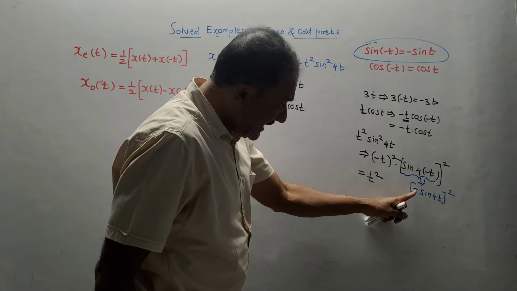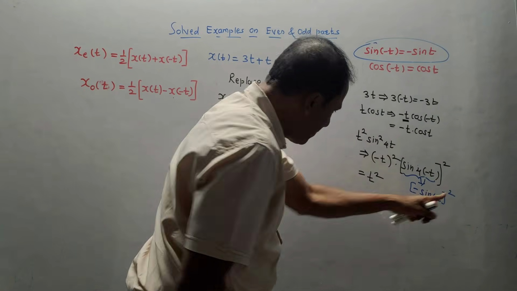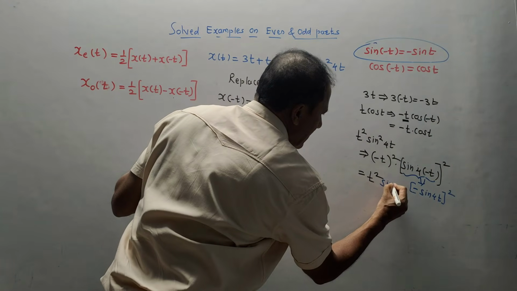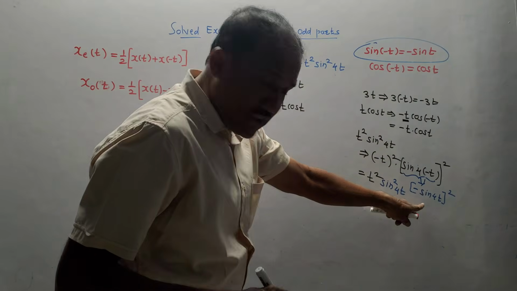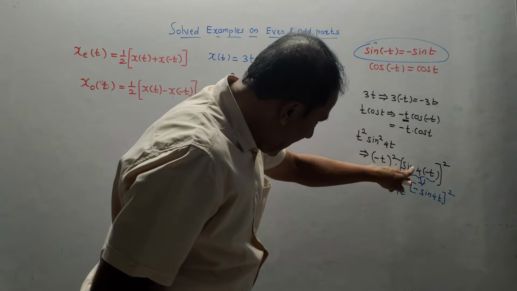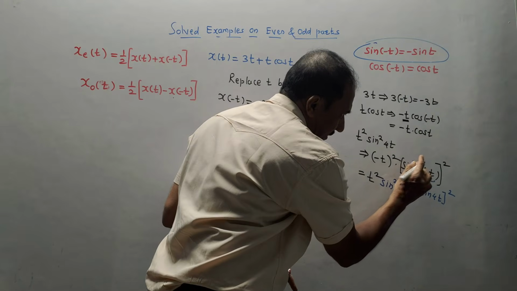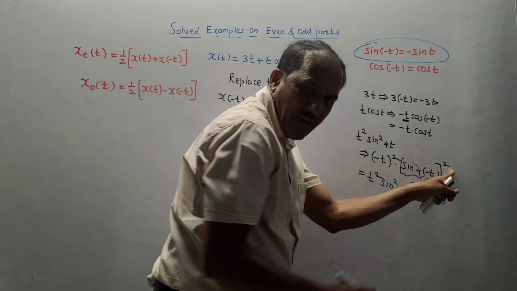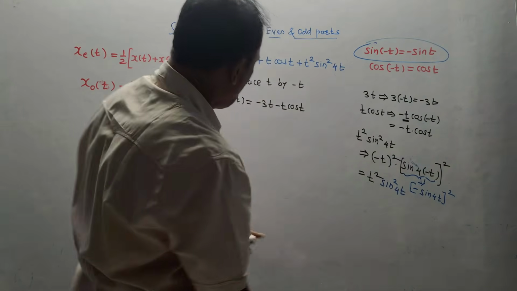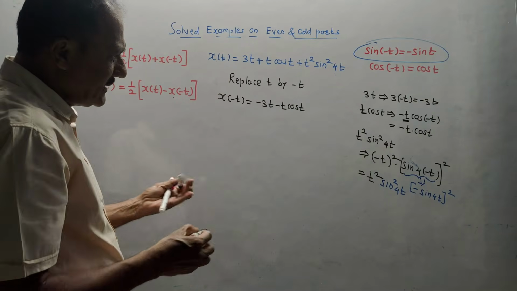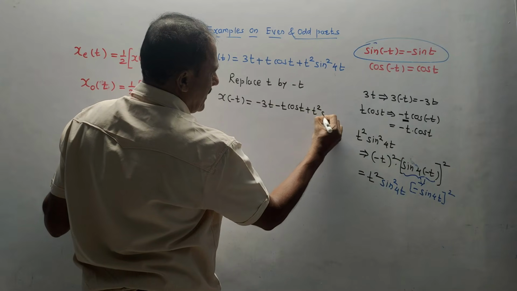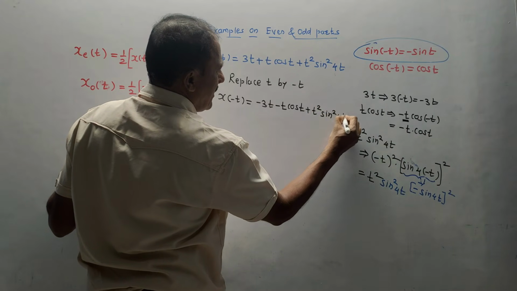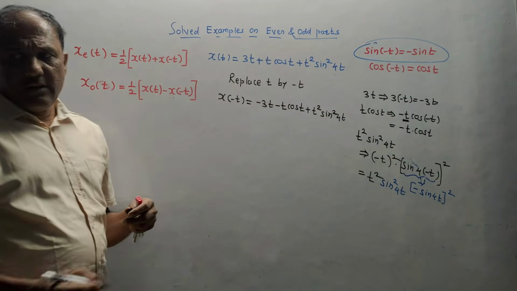Whenever bracket square is there, the square of minus becomes plus, so it becomes sin square 4t. Don't make a mistake over here. That's what I have written, this square. Earlier it was here. I have kept it in a bracket and written it as a bracket square. So the last term actually becomes t square sin square 4t.